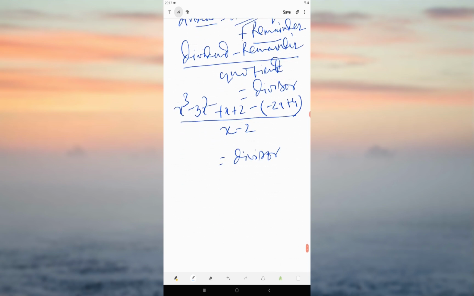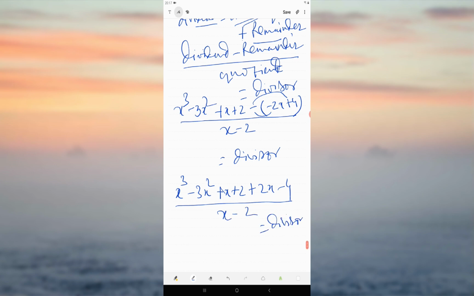So the top becomes x cube minus 3x square plus x plus 2, minus of minus is plus 2x, and minus of plus is minus 4, divided by x minus 2 will give us the divisor, which is gx. Of course, divisor is nothing but gx. So we'll get gx if we divide this by x minus 2.